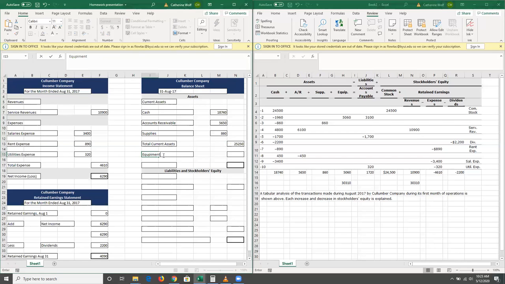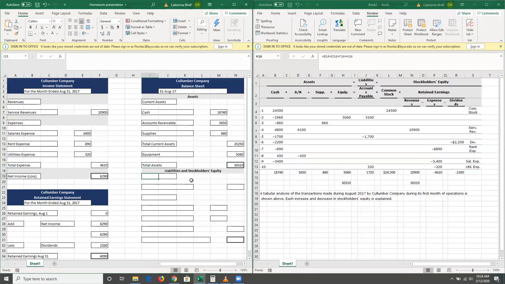Now, our equipment is not a current asset because our equipment is being used in order to make things for a long time, and so that's why it's not counted as a current asset. And then our equipment amount is going to be $5,060. You can see that again on the board. And then total assets is going to add up to be $30,310, which is exactly what I added up right here.